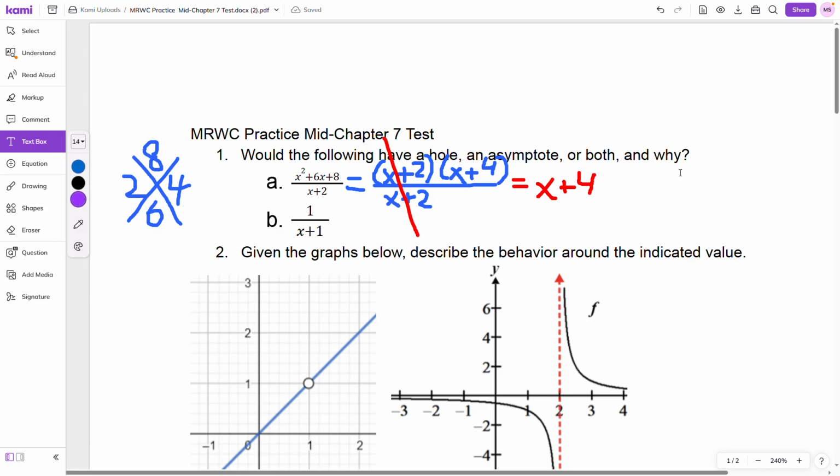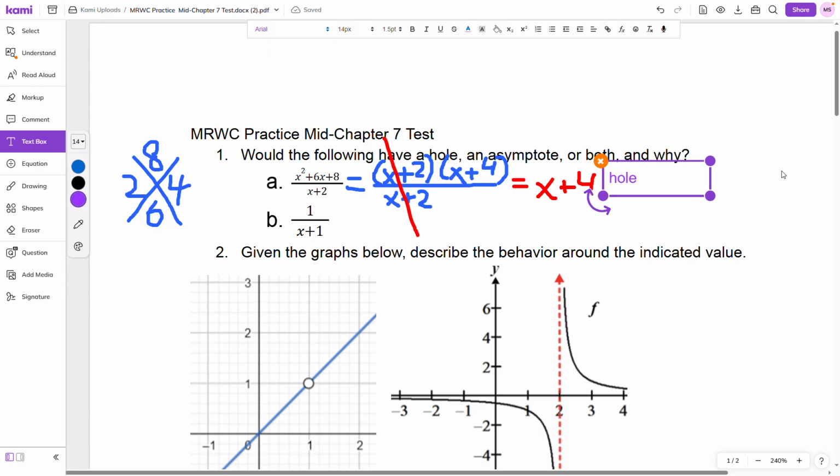Let's give it a little color. Okay. Hole. There is a hole at negative 2 because the binomial with negative 2 as a factor simplified away. How can we say this more mathematically?